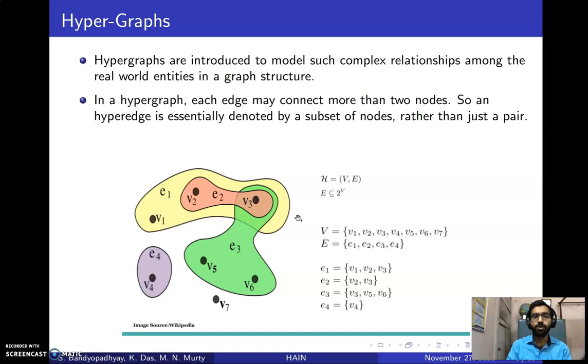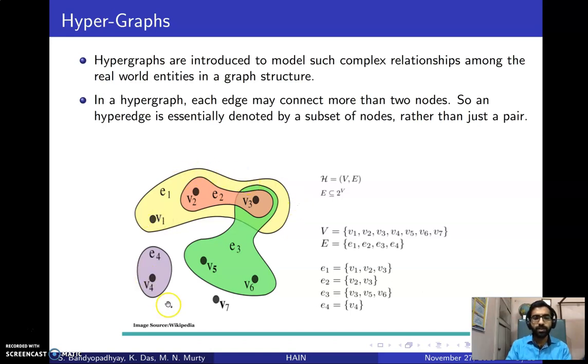Hypergraphs are introduced to model such complex relationships among the real-world entities in a graph structure. In a hypergraph, each edge may connect more than two nodes, so a hyperedge is essentially denoted by a subset of nodes rather than just a pair. This is in contrast to a simple graph where an edge can connect exactly two nodes.